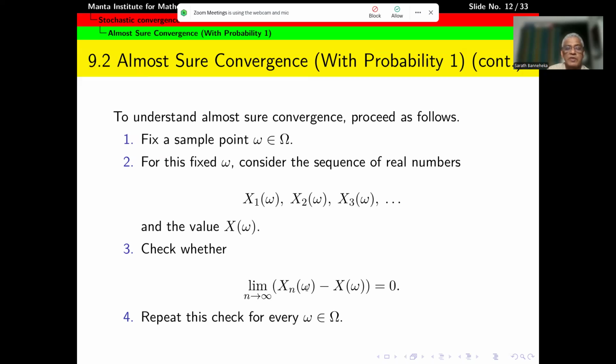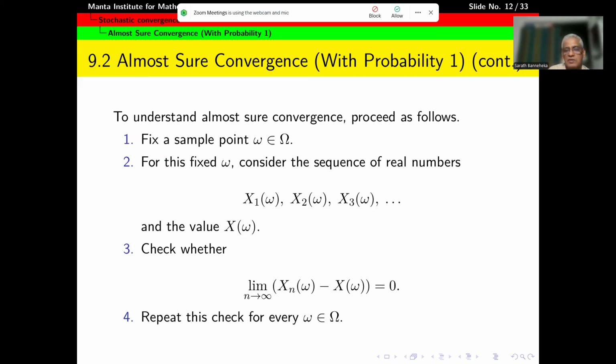So whether the difference between xn omega and x omega, so this is a real number, this is a real number. So this is the difference, but this will generally depend on n. So see whether this difference goes to 0 as n goes to infinity. Right? If that happens, put that omega into some set, say capital A. Right?